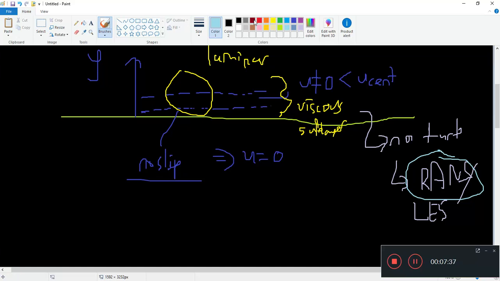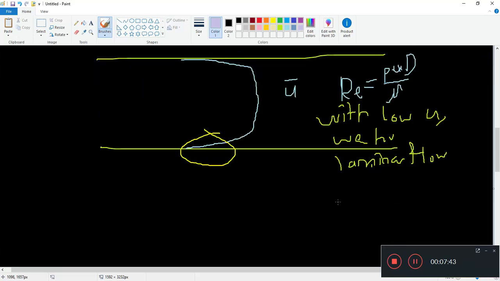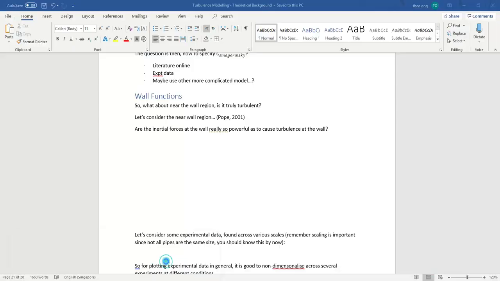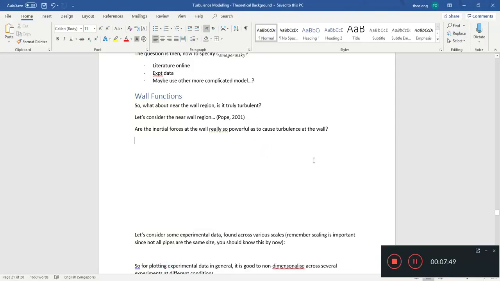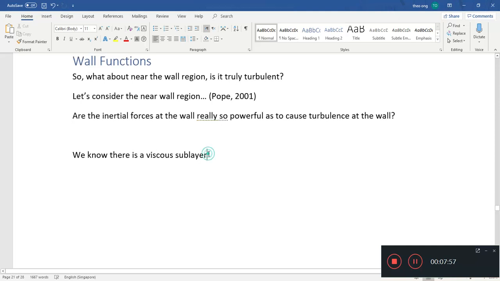Okay, so this is the wall modeling for Reynolds average Navier-Stokes, so let's go examine it. So we know there is a viscous sublayer. Let me zoom in. We call it VSL, near the wall.